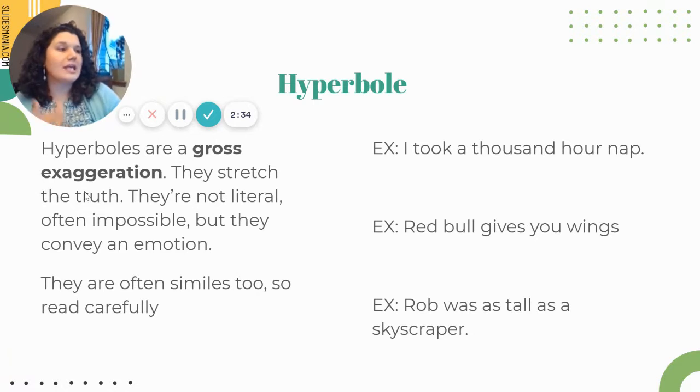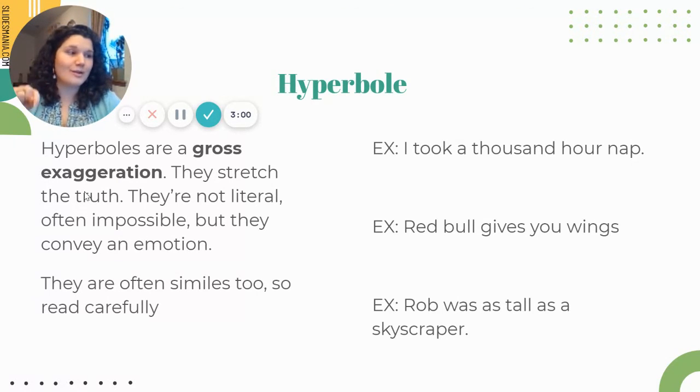So here's some examples. I took a 1,000-hour nap. No, you didn't. If you literally took a 1,000-hour nap, you would be in a coma and you'd be in the hospital right now. But we can exaggerate, and now it's a hyperbole. Red Bull gives you wings. No, Red Bull's not going to give you wings. What it will do is increase the caffeine content in your bloodstream and make you hyper, or less hyper if you have ADHD.